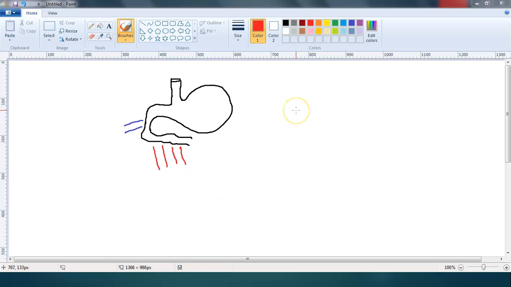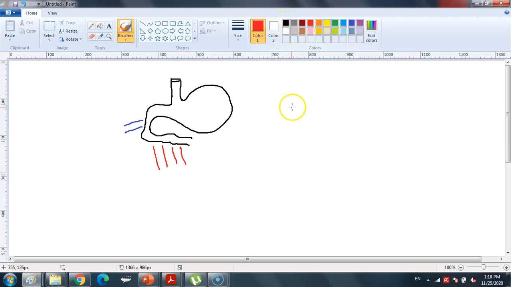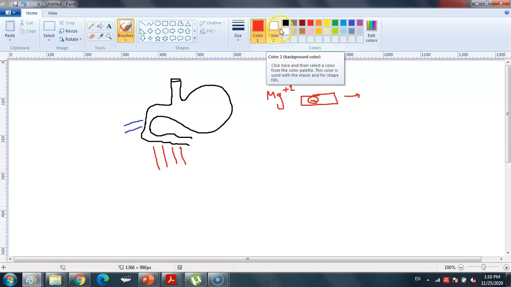Now let's talk about the absorption of magnesium and the difference between the salt form and the chelated form, and which is better. To start with, magnesium being positively charged, it needs to be combined with a negatively charged anion to form a stabilized compound, a stabilized salt.